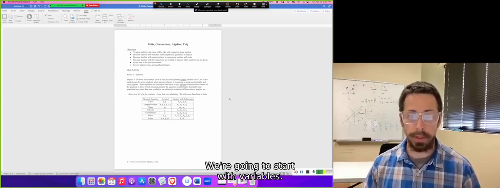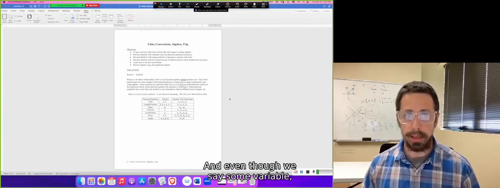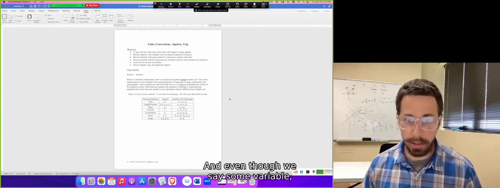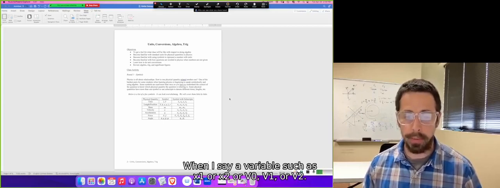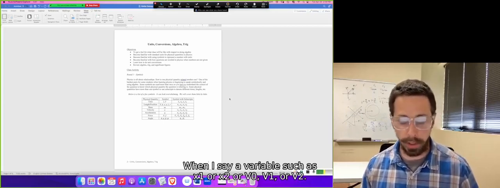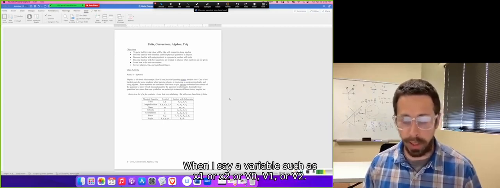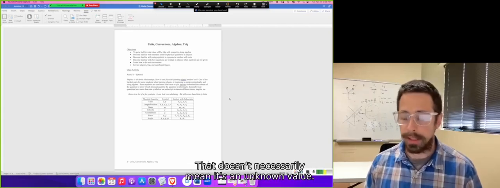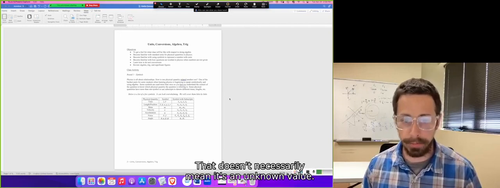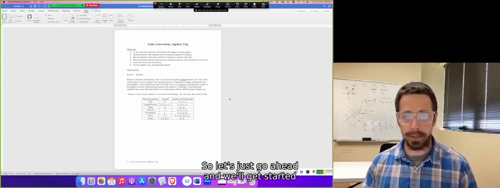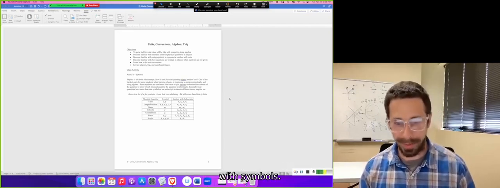We're going to start with variables. And even though we say some variable, like we'll get to in an example, when I say a variable such as x1 or x2 or v1 or v2, that doesn't necessarily mean it's an unknown value, right? So let's go ahead and get started with symbols.